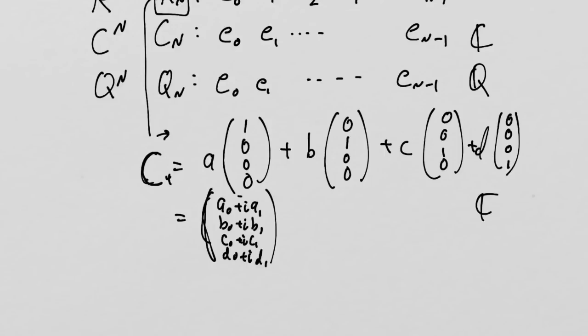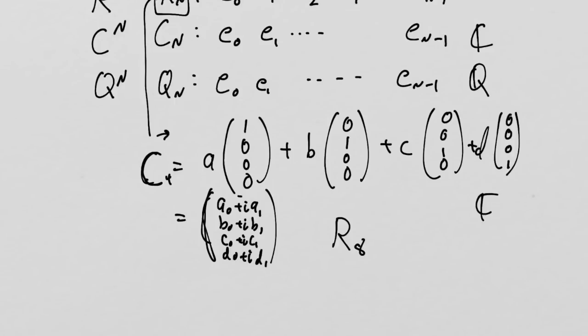So it kind of looks like, well, wait a minute. You've got 4 numbers here and 4 numbers here. I need 8 numbers to specify this. And that's true, right? I can understand the four-dimensional complex C4 in terms of R8.